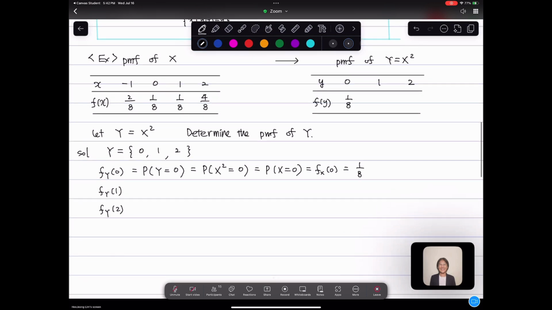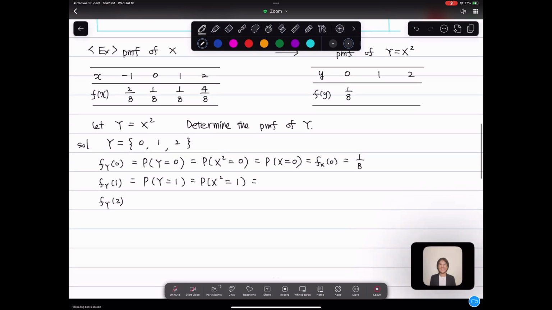Now let's move on to the next probability, that your y variable equals 1, which means x squared equals 1. So I have to get all my x values. When you square these, you'll get 1, and there are 2 of those. So now I have to add those 2 cases, either x equals -1 plus x equals +1.